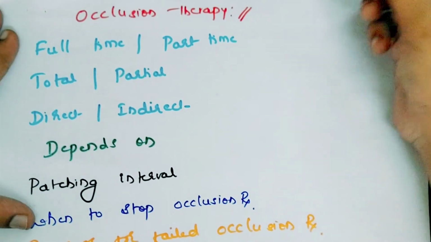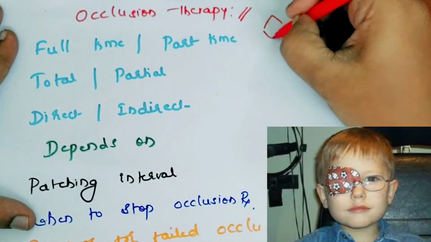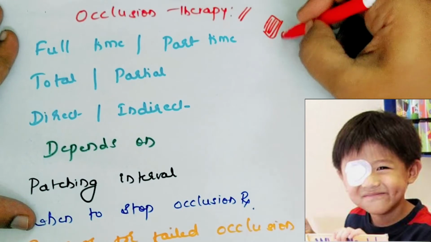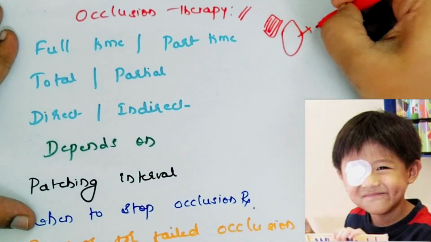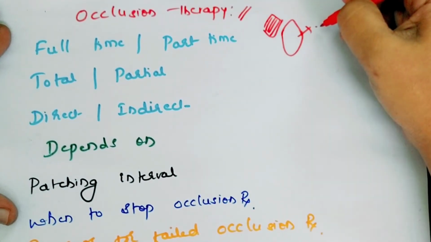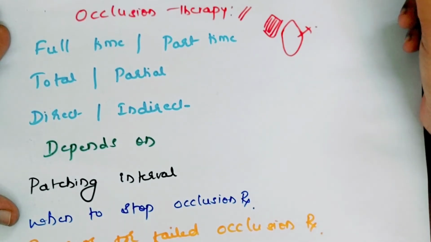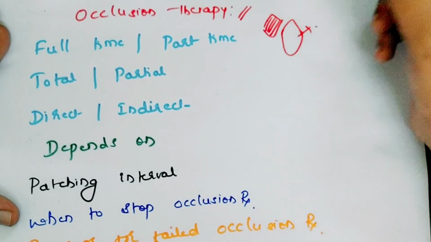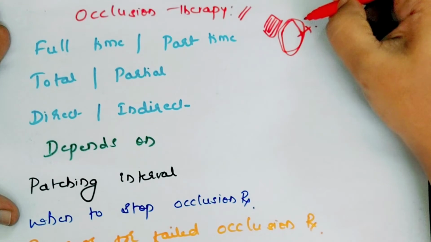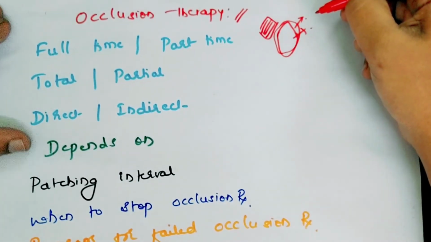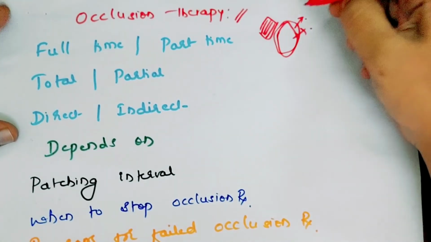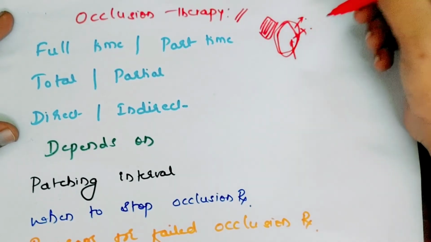How do you patch the eye? You can either patch over the spectacles or directly patch the eye with commercially available occluders or opticlude. Or you can even use cloth occlusion, but the best is to use commercially available occluders, which will completely block the vision to the normal eye.